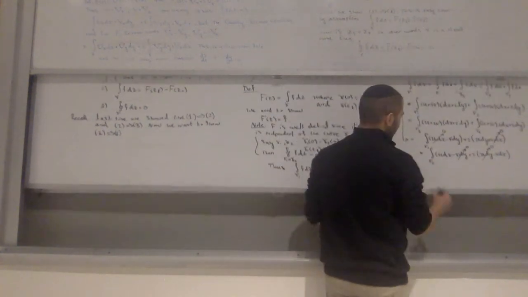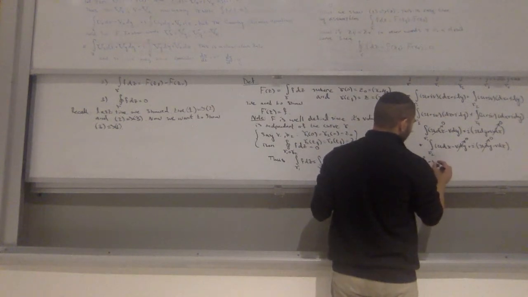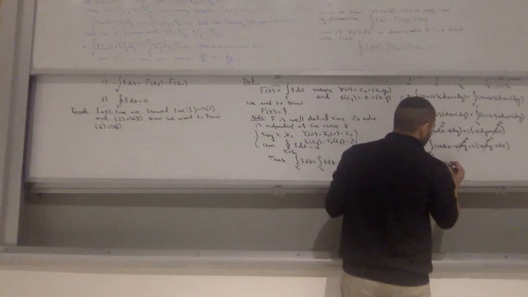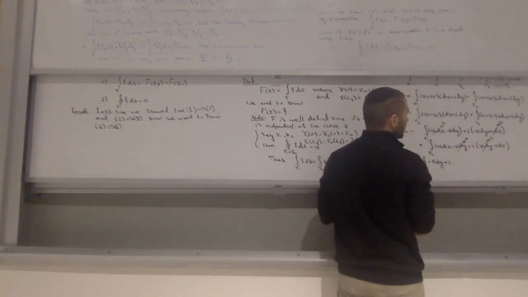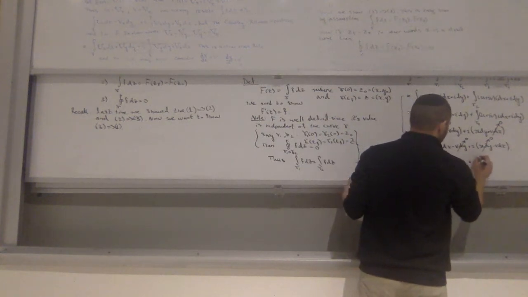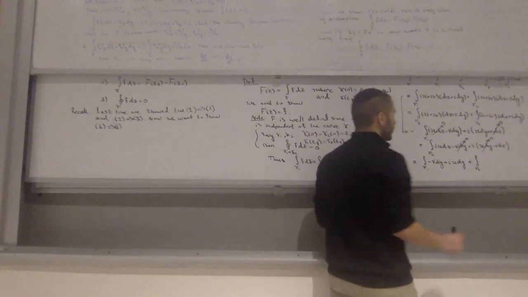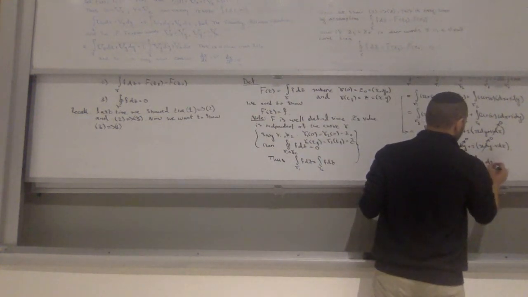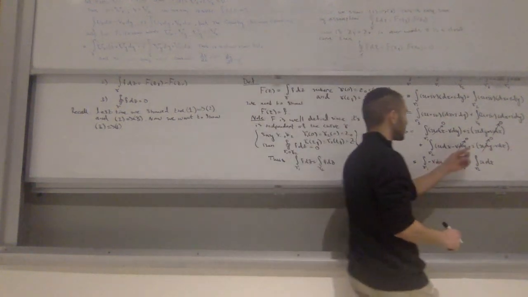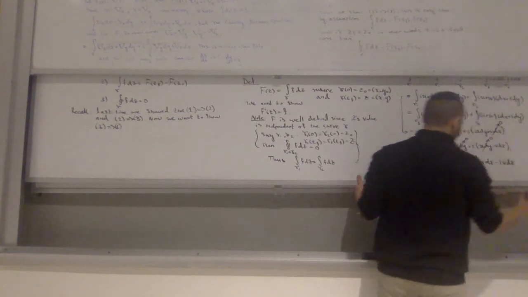And so what we get finally is the integral along gamma 1 of minus v dy plus i times u dy, and then of course plus the integral along gamma 2 of u dx plus i, well, really minus i v dx.